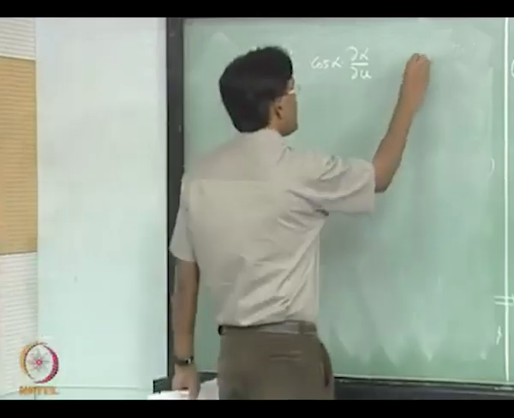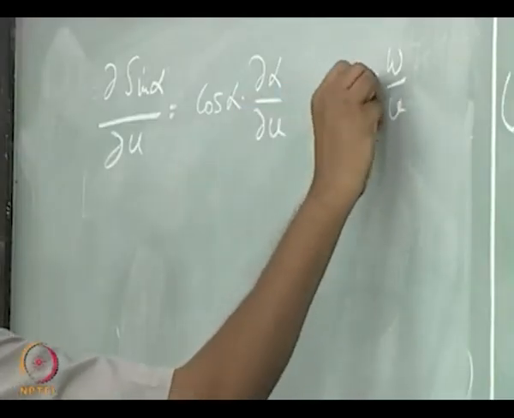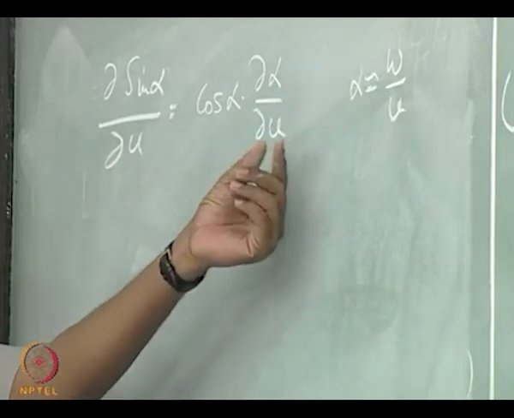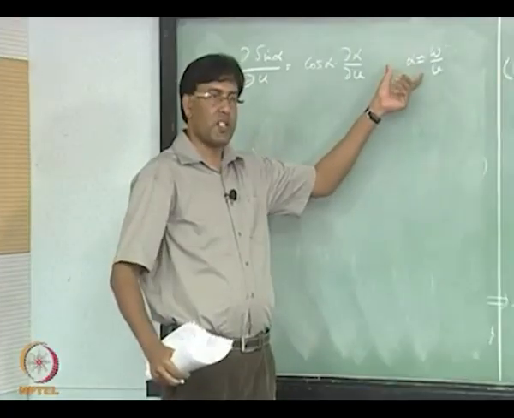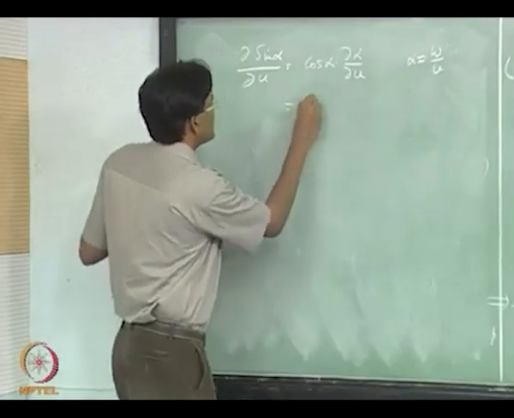What is alpha? So I am talking about small angles, so I can take this approximation, right.